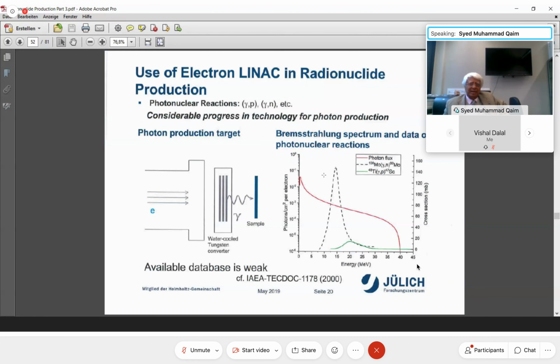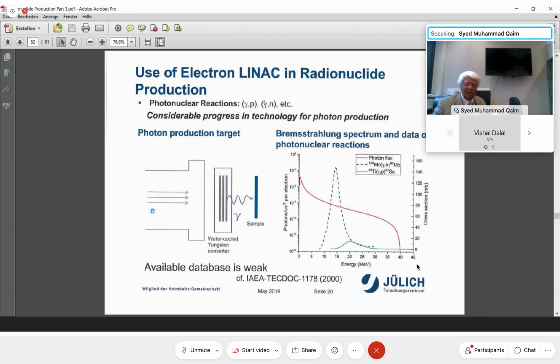How does the reaction take place? Use of electron LINAC. LINAC is a very commonly used name, linear accelerator. Because a linear accelerator is just a potential drop. Electrons are easily accelerated, and one uses two types of reactions, gamma,p or gamma,n. So the fast photons fall on some material, the proton goes out, and the product is formed.